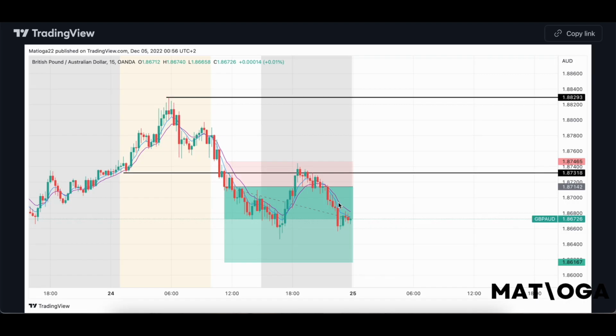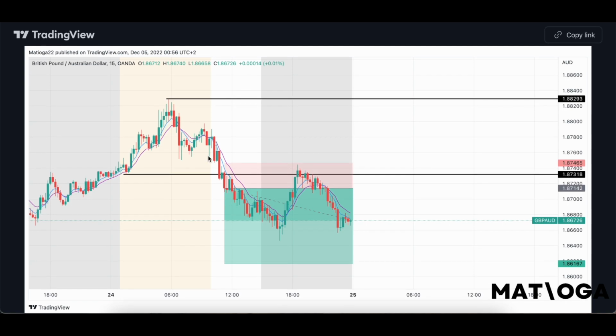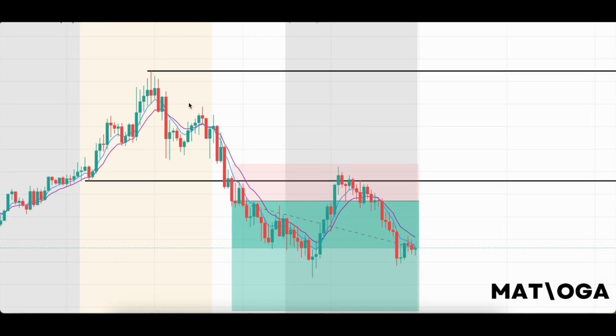Next trade right here. Once again, pretty much the same entry as the last two. Let me zoom in. Session high, session low. Once again, London, first few candlesticks, nothing too interesting. Then break, retest, continuation. Easy.